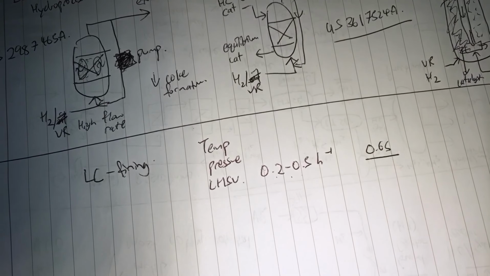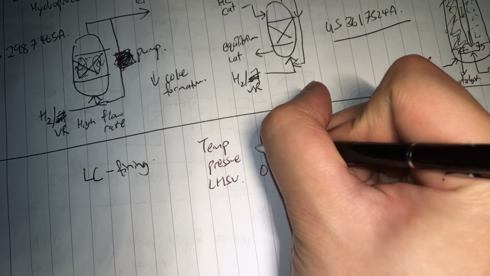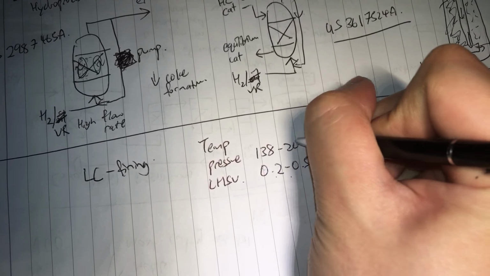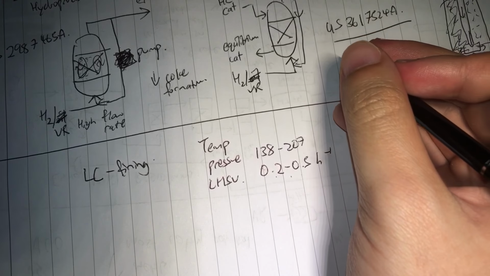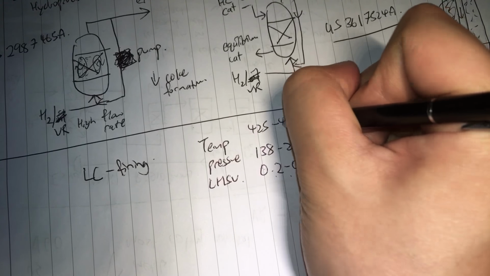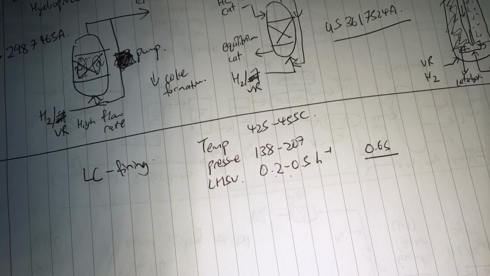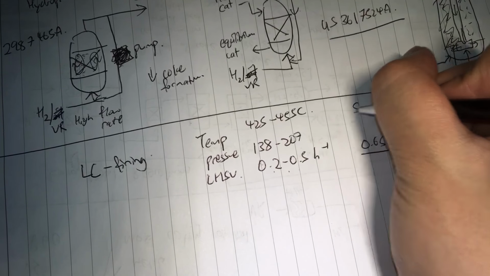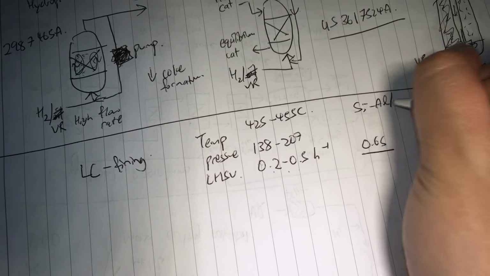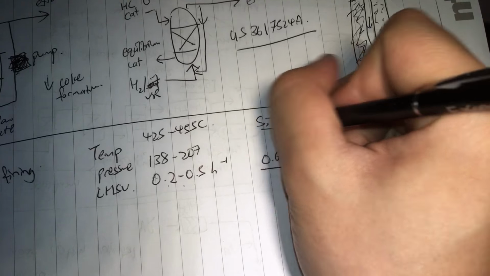So this stays a lot longer in the reactor for obvious reasons, because it needs more time to react. Pressure 138 to 207 bar. Temperature 425 to 455 degrees C. Okay? Catalyst, as explained before, silica alumina with cobalt molybdenum.